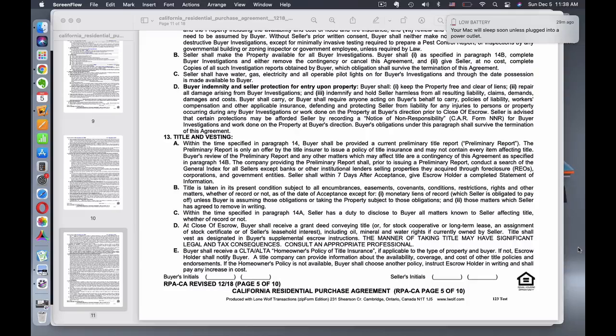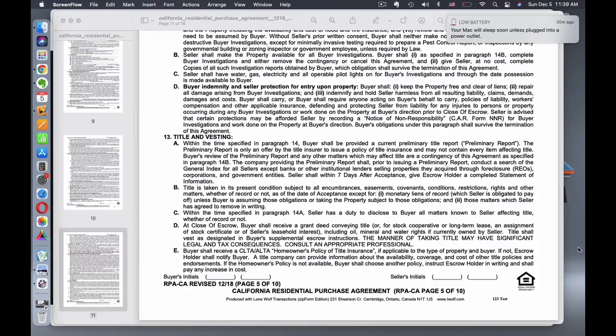Okay, really quick under D. So we indemnify the seller as the buyer that if the inspectors come in and damage the property, and I haven't had this happen ever in my career, but I've seen some pictures in some real estate discussion forums where home inspectors have actually stepped through the ceiling when they're up in the attic and things like that, and that would be on us and the inspector to make that right.